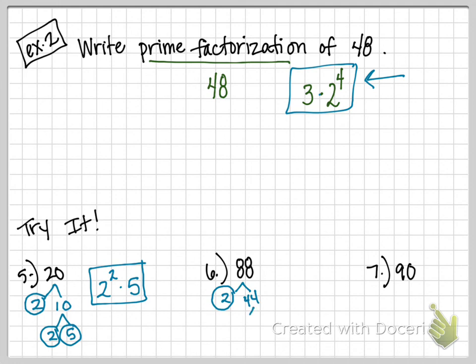It's still divisible by 2. 2 and 22. 22 is not prime. It is divisible by 2 and 11. Now I'm down to only prime factors. 2, 2, 2, and 11. So I have 3 2s. I'm going to call that 2 to the third times 11.